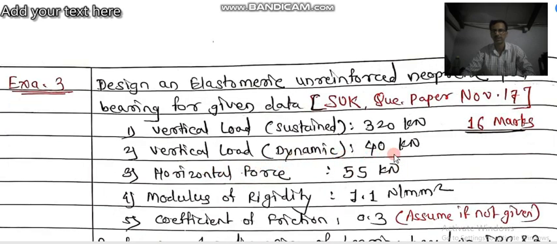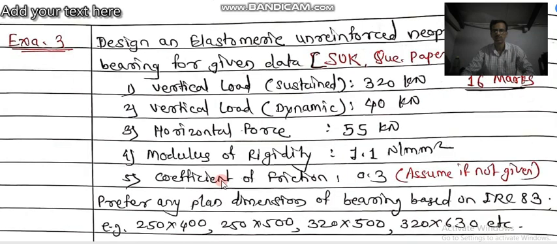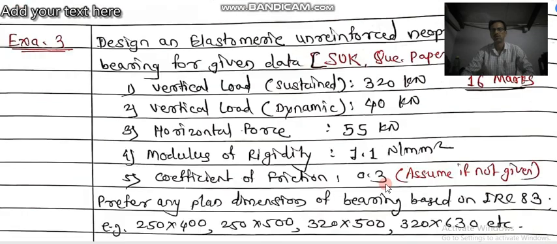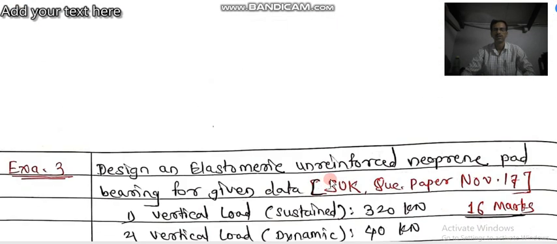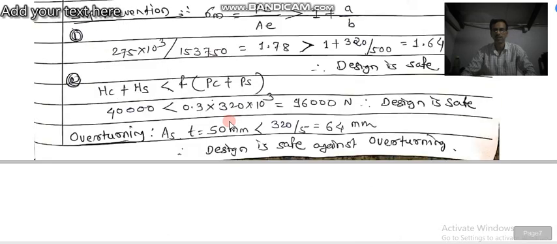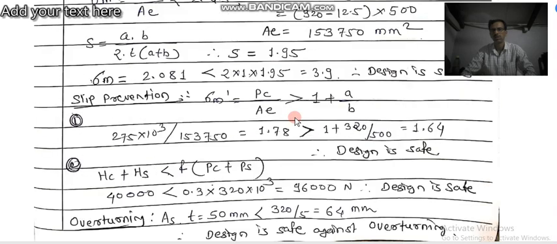Vertical dynamic load is given. Horizontal force is given. Modulus of rigidity is given. Coefficient of friction is given, and you have to choose the pad dimensions from the given dimensions. So this is about the design of elastomeric unreinforced neoprene pad or elastomeric unreinforced bearing. So you can easily solve the problem.